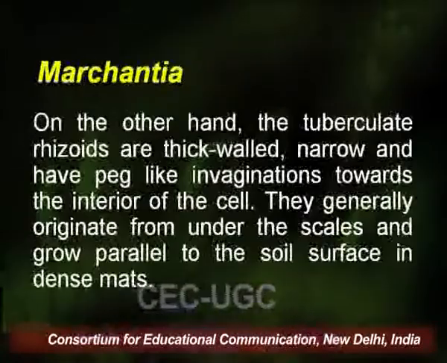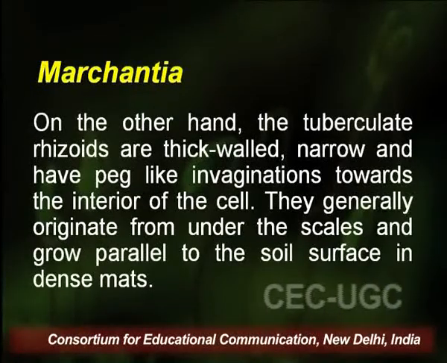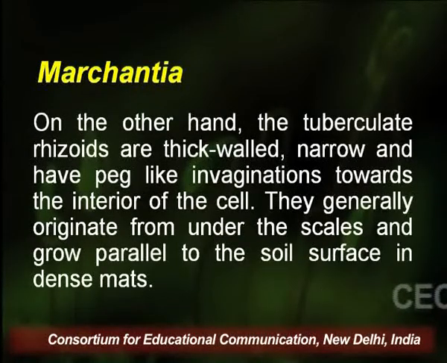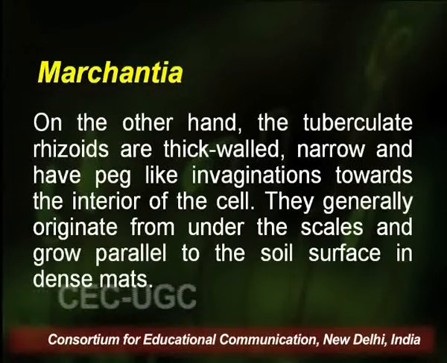On the other hand, the tuberculate rhizoids are thick-walled, narrow and have peg-like invaginations towards the interior of the cell. They generally originate from under the scales and grow parallel to the soil surface in a dense mat. The function of tuberculate rhizoids is to help in water absorption and distribution to the entire thallus.